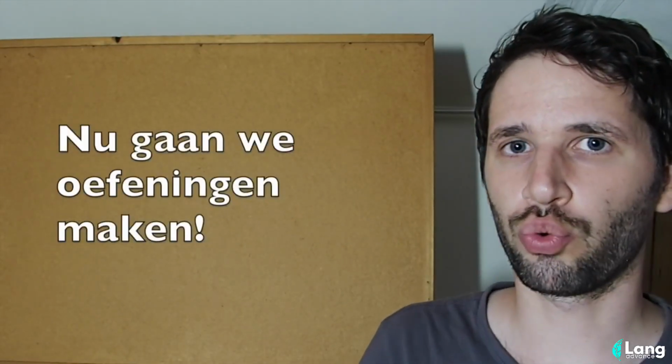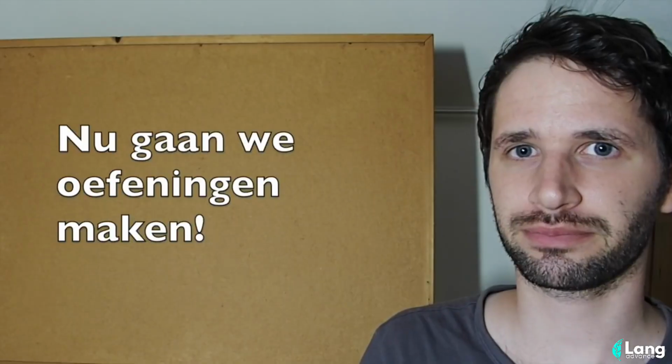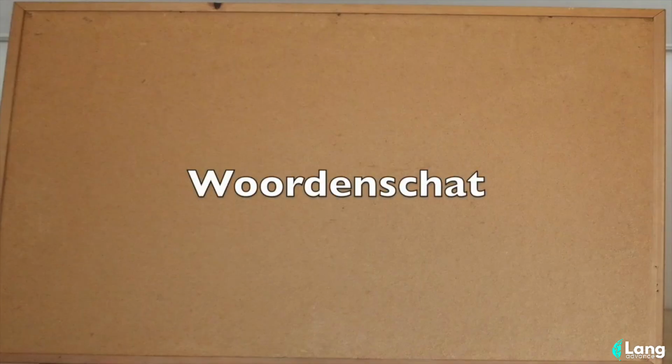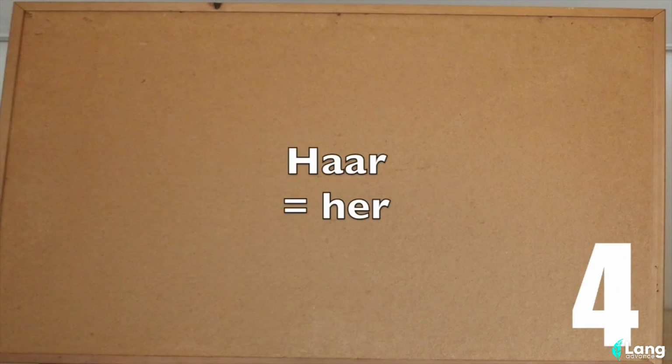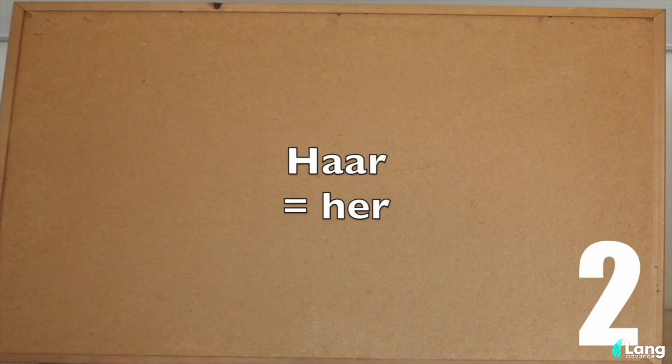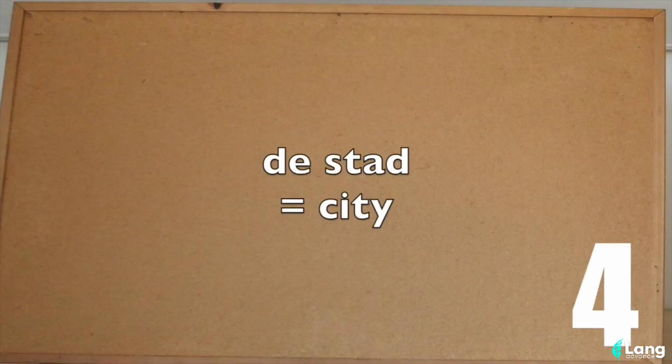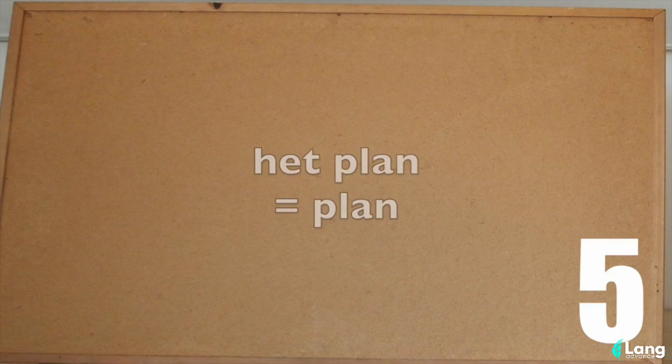Nu gaan we oefeningen maken. I hope you're as enthusiastic as me to see the new vocabulary. So let's start with this one. Haar is her. De stad is the city.